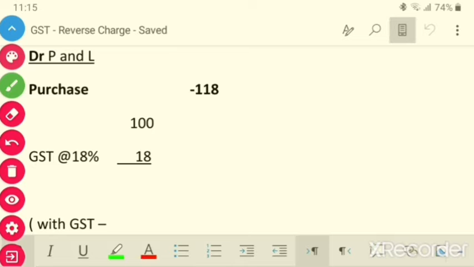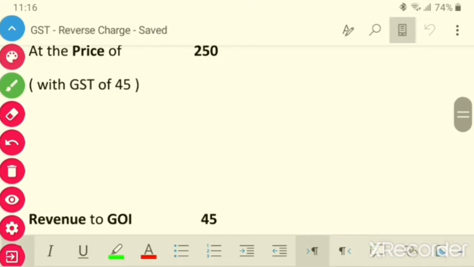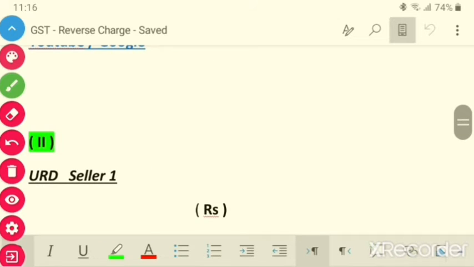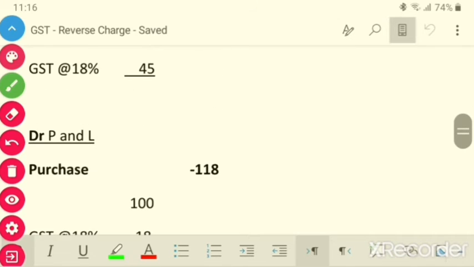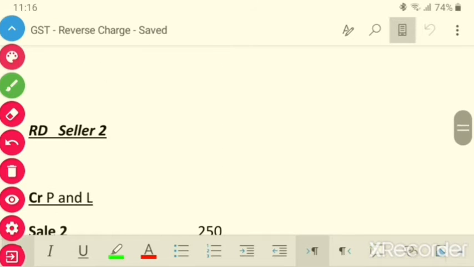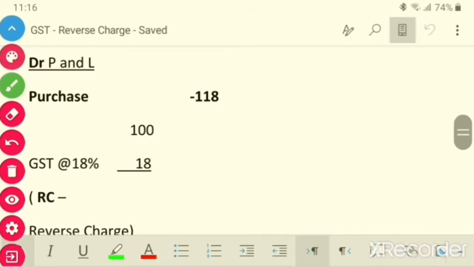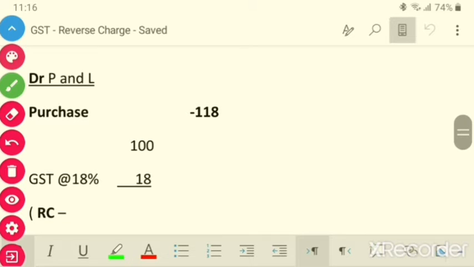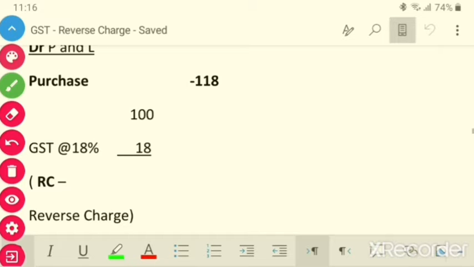So, even if the purchase in case 2, now we are talking about case 2, even if the purchase by the stage 2 seller is done from an unregistered dealer, stage 2 seller 2 himself will pay tax on purchase to the government. That is reverse charge.